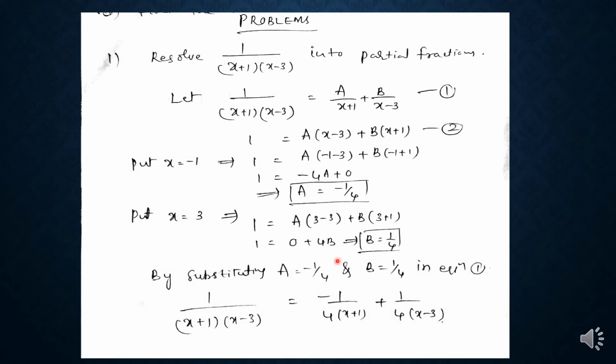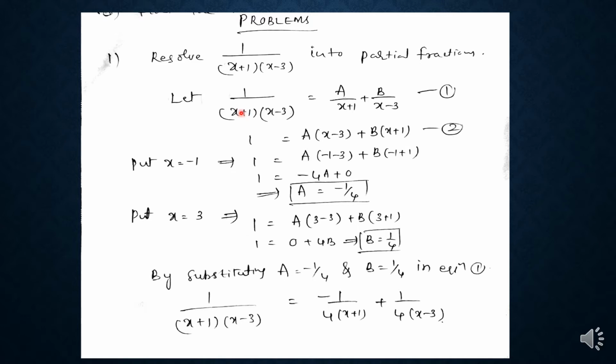So we'll see some problems on partial fractions. Resolve 1 by (x plus 1) into (x minus 3) into partial fractions. So this is the proper fraction. The degree of the numerator is 0 and the degree of the denominator is 2.